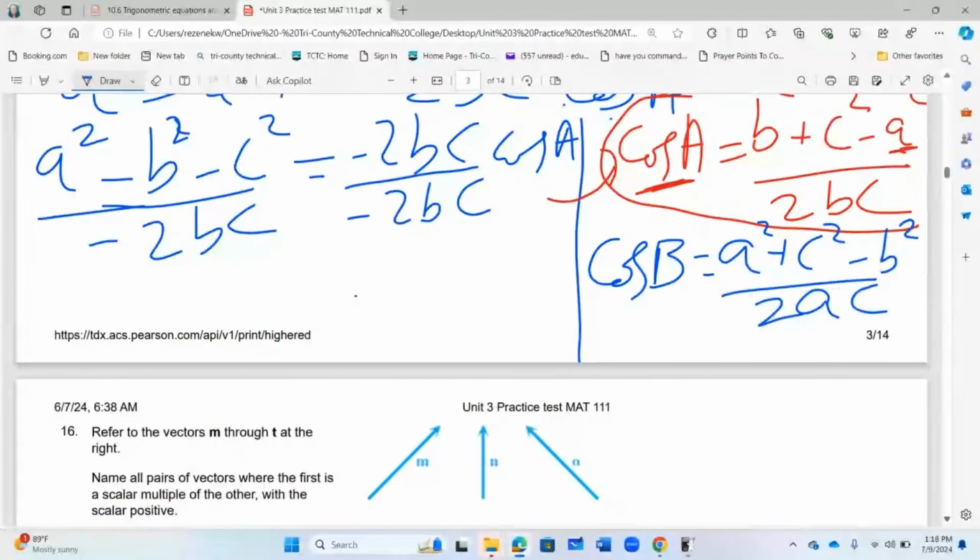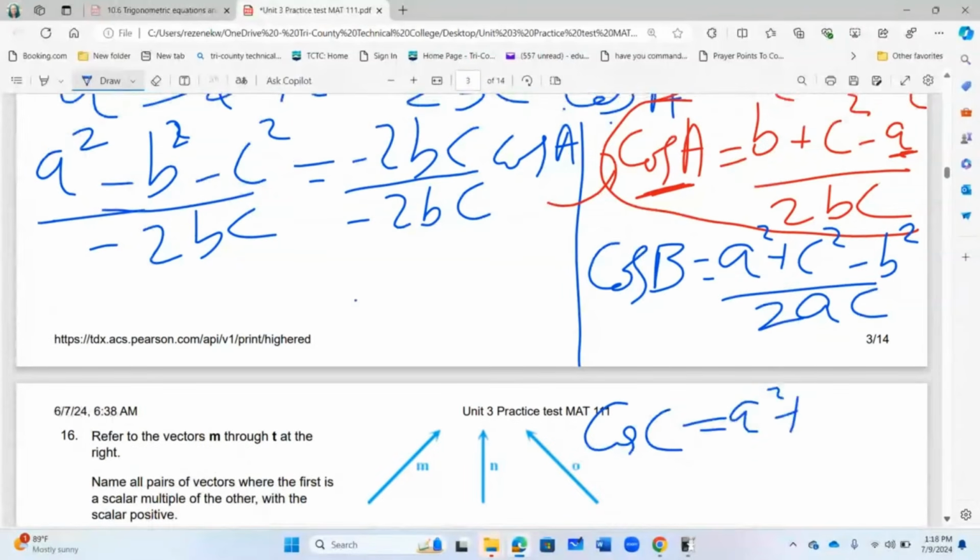If I'm looking for cosine of C, then I will make sure that C is not in the first ones, so A squared plus B squared minus C squared.